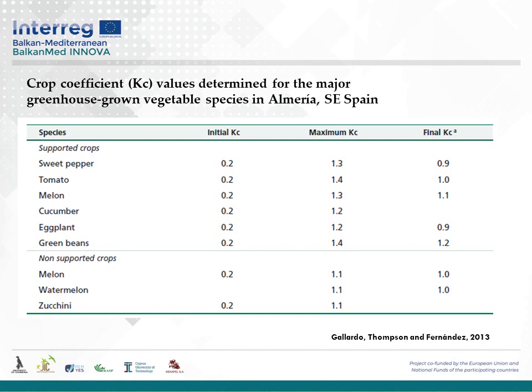And then for some crops we have a final Kc, which is smaller than the maximum Kc value. This is because of the senescence of the leaves getting older, and the plants are gradually reducing their leaf area.